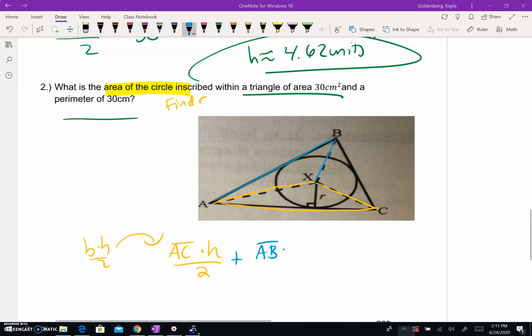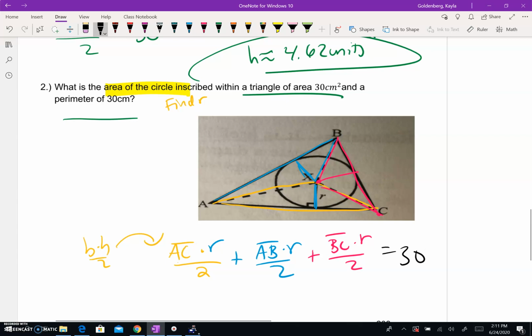Now, notice in this case, my height in the first one and my height in this one is actually r, so I really should switch that to radius divided by 2. Same kind of thing for this one. I could do base times height, which goes from the center straight down, so that's your radius divided by 2. And that adds up to be the area of the triangle, which they told us was equal to 30.